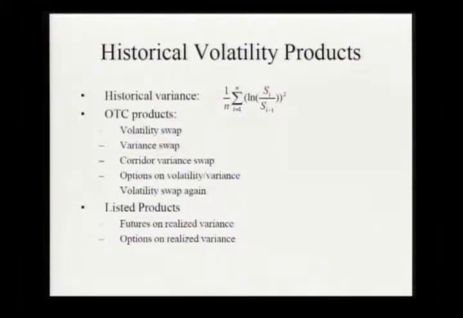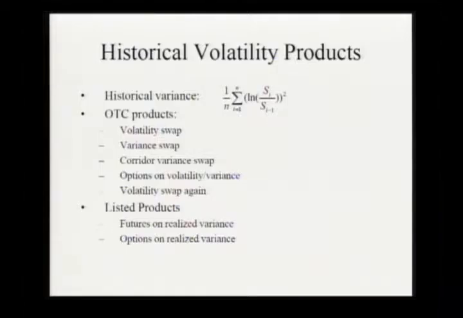Products linked to the historical volatility. So definition of historical variance or realized variance, it's this one here. And you have obviously the variance swaps, but the volatility swaps are quite popular. So the variance swaps can be virtually replicated perfectly. Actually, you have many sources of frictions and imperfections, but the volatility swap will give you a payoff that depends on the square root of something tradable.